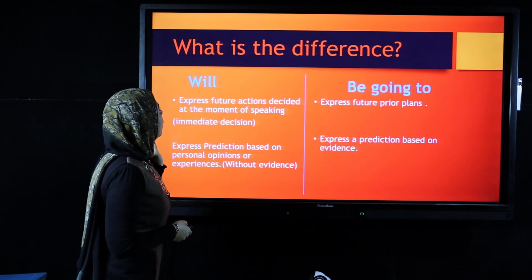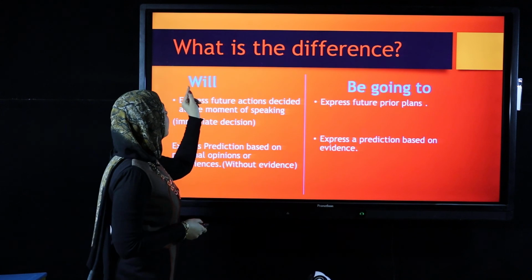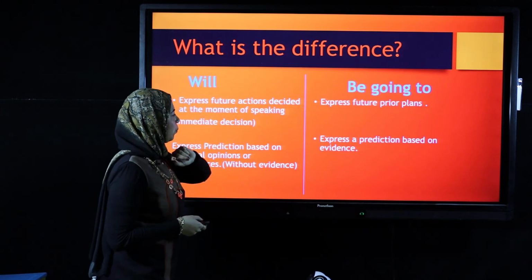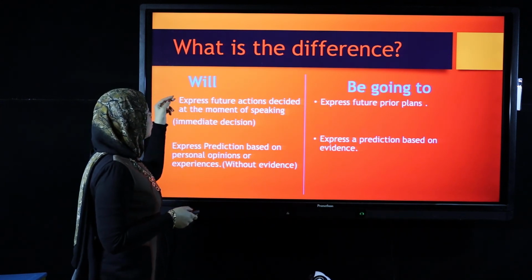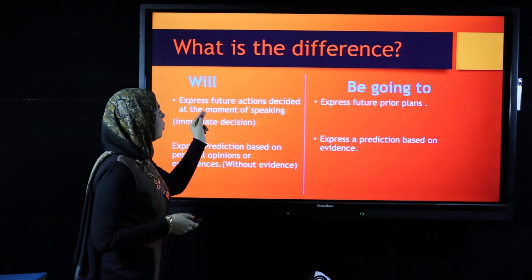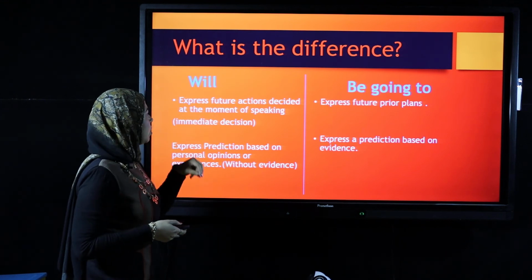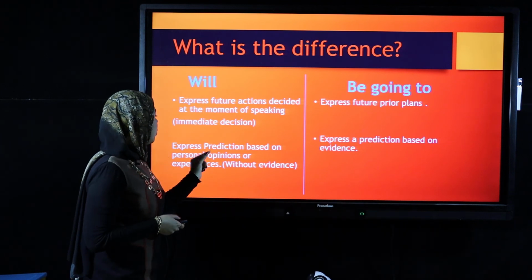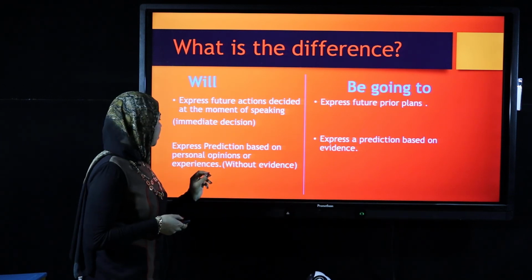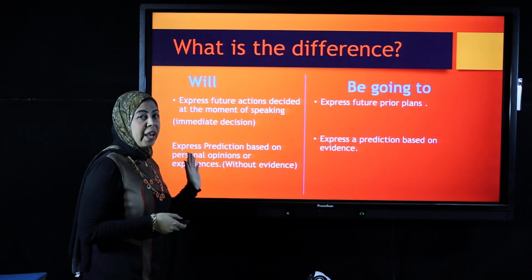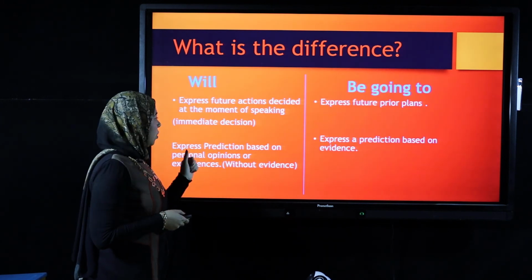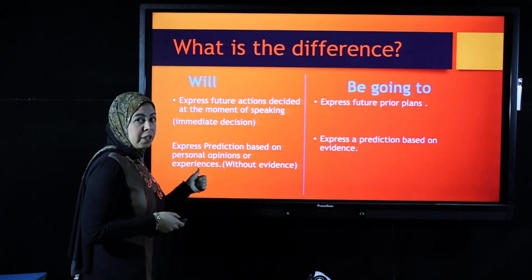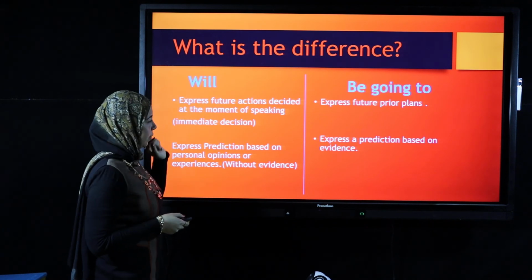Now, let's know what is the difference between "will" and "be going to." We use "will" to express a future action decided at the moment of speaking, and to express a prediction based on personal opinion or experience without any evidence. So here we don't have an evidence, so we are using "will."